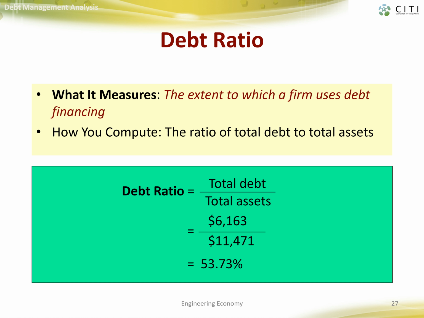Usually, different kinds of ratios have different ranges of value that represent a reasonable situation. For example, for the debt ratio, let's just say between 0.3 and 0.6 is probably still okay.